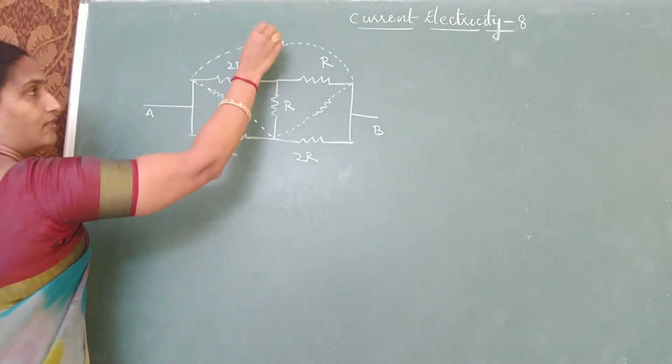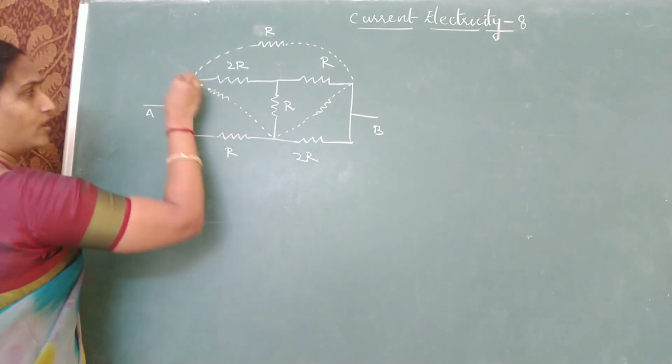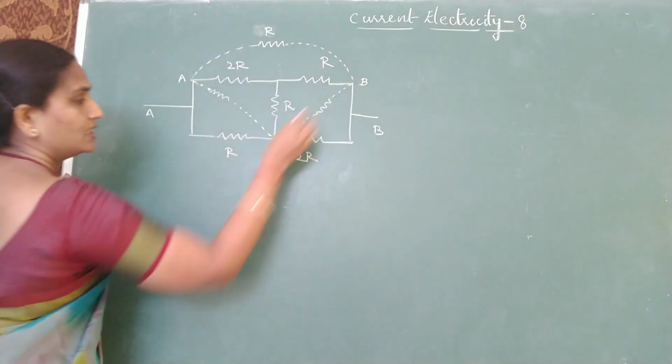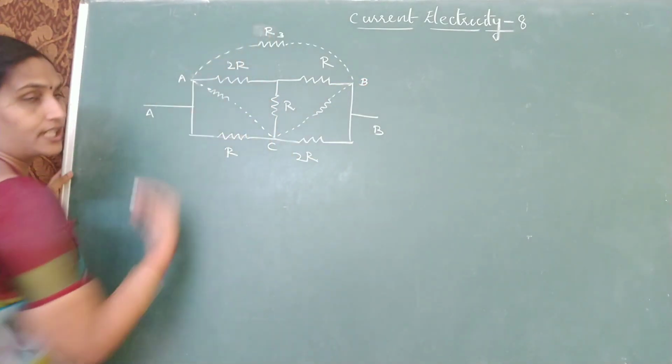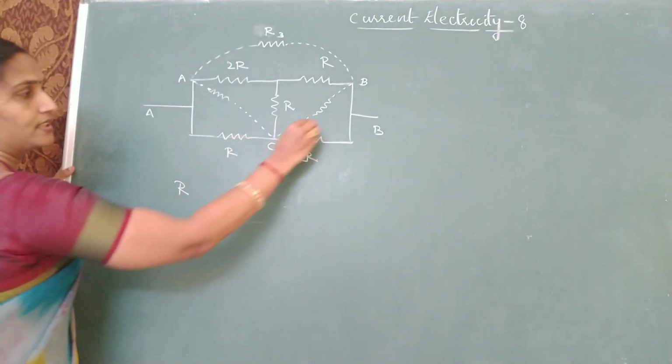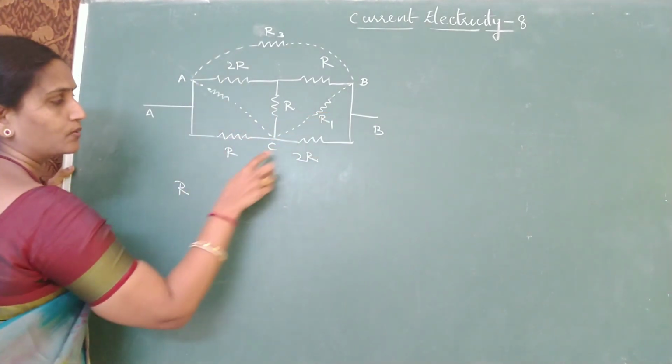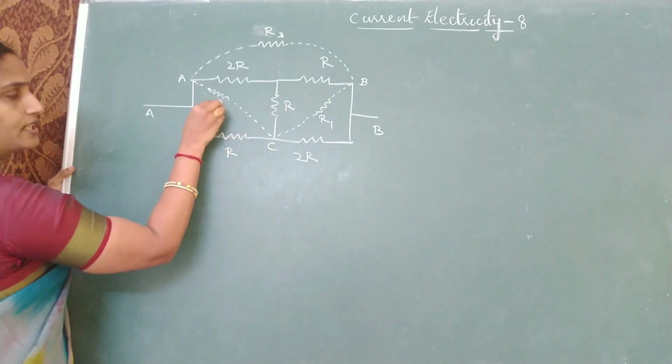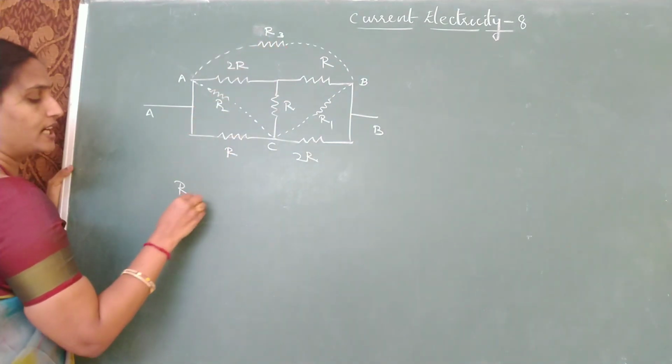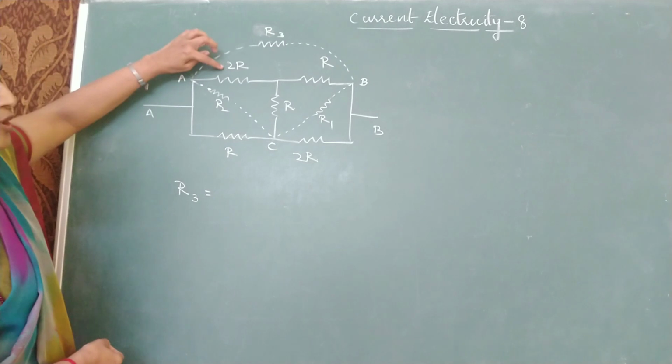So how to get the answer for this resistor? If I call these A, B and C, opposite to C I will call it R3. This one I will call R1. Opposite to B I will call it R2. So what is the value of R3? First take the numerator.